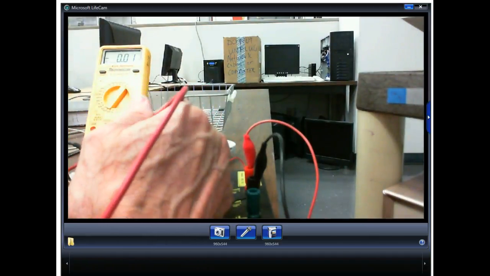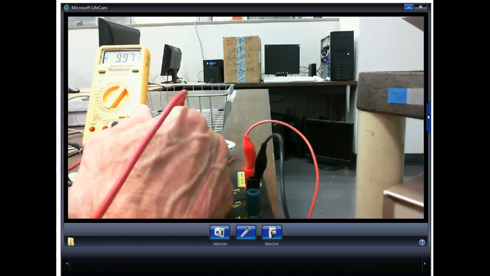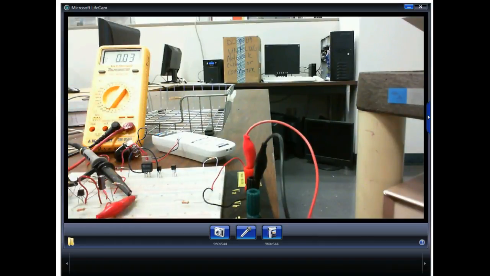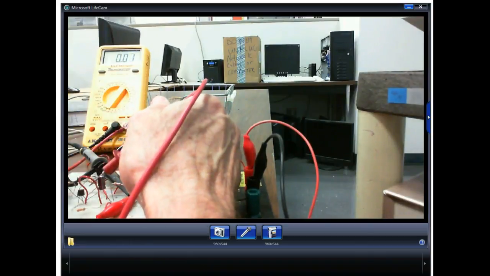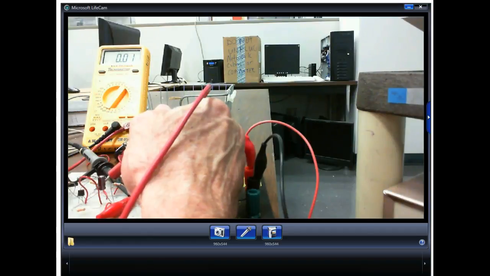This is interesting. Oh, there we go. This is voltage collector to emitter. Let me move my ground back over. So here's VB. We expect it to be pretty close to 0, and it is, right?